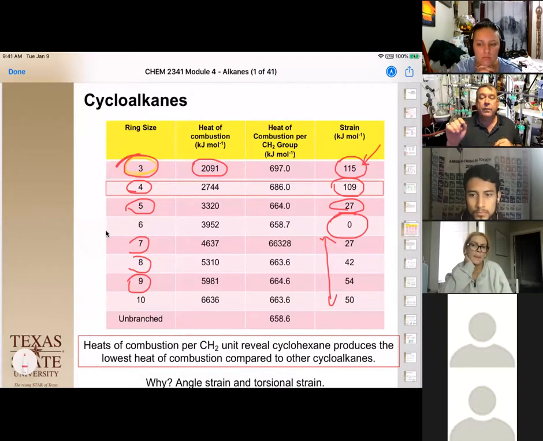So I have a question in the chat. So staggered shapes are more stable? And yes, they are. But remember that that is a free rotation. So that means that when that molecule combusts, it's still butane, and it's going to combust to give us that much energy.